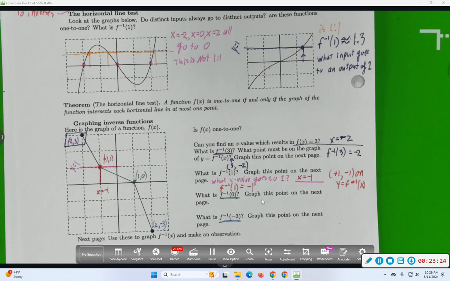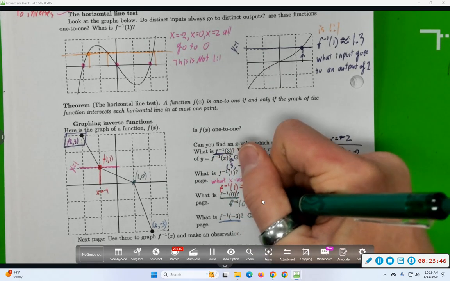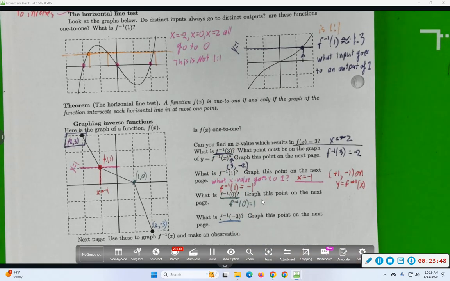So, what is f inverse of 0? I hear a 1. Do I hear a second for 1? Do I hear a call to discuss? Cool, let's discuss. So, I agree. f inverse of 0 is 1.